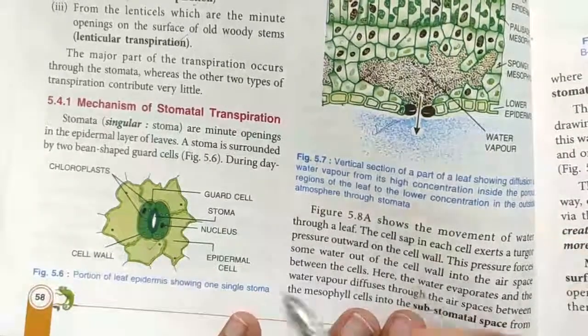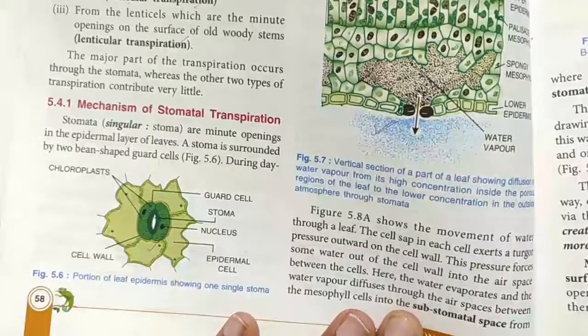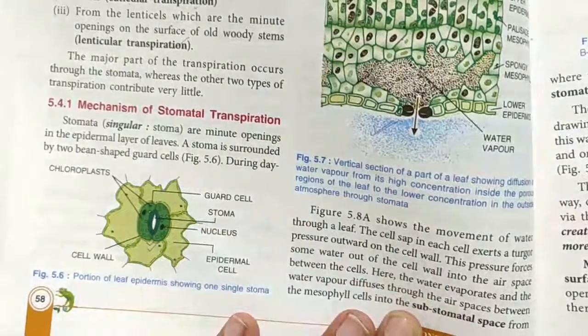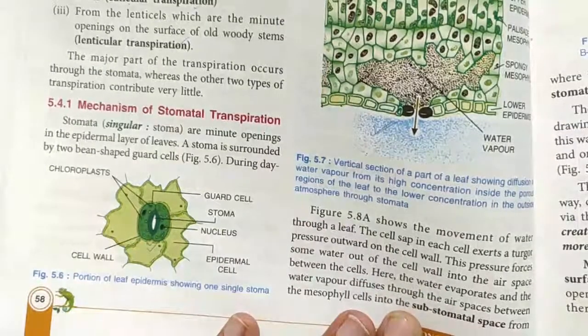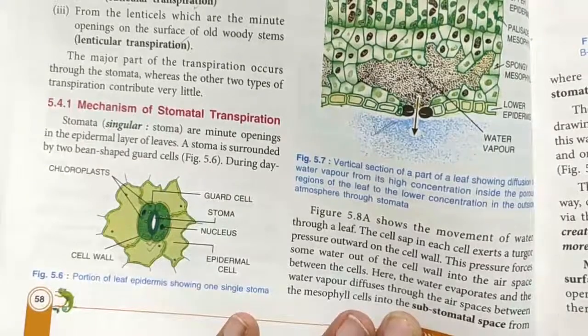So if you see the structure, the stomata is given. With the help of these guard cells, the opening and closing of stomata is regulated, and when the opening and closing of stomata is regulated, gas exchange takes place. That is known as stomatal transpiration.